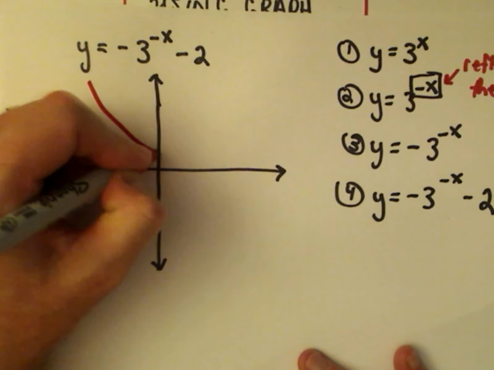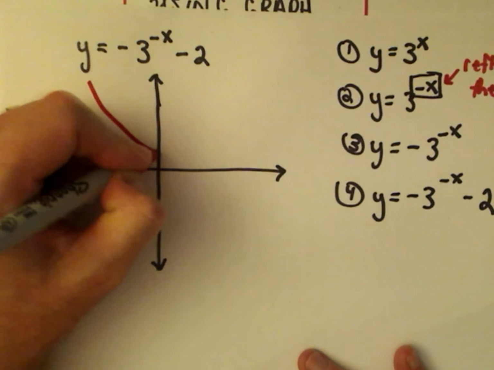What does the negative out front do? Well, if you put a negative out front, in this case it will reflect about the x-axis. And that makes sense because if you think about 3 to the negative x, no matter what number you plug in for our exponent, we'll have 3 to some number. 3 to any number is always positive.